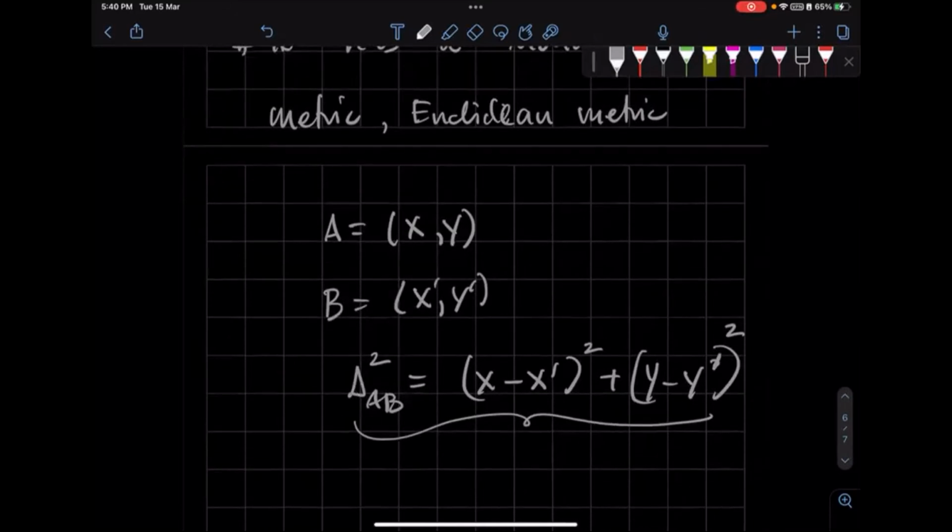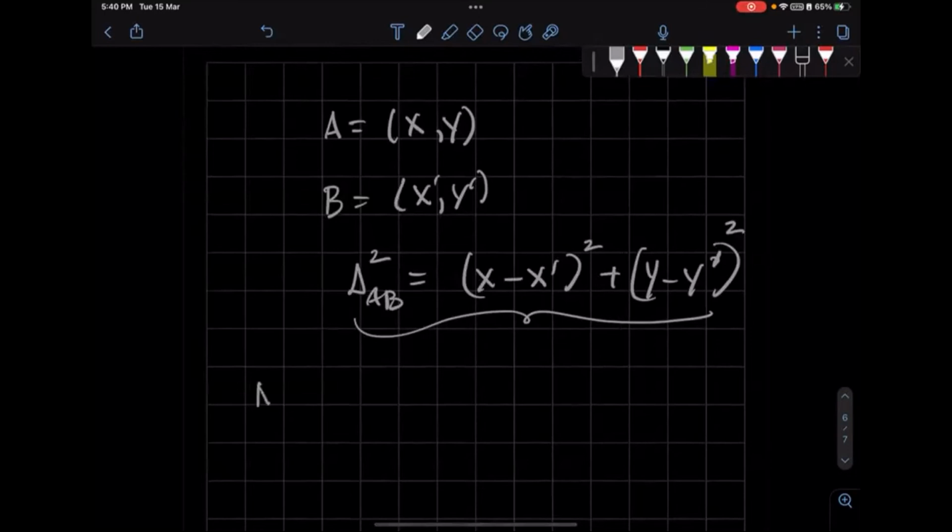And then there's also a natural measure of volume, and you can extend this idea.